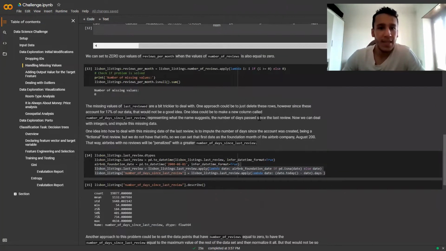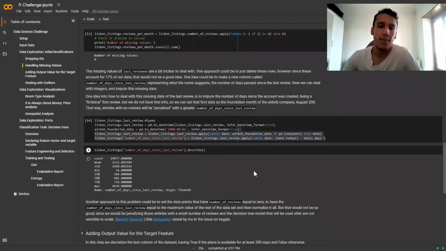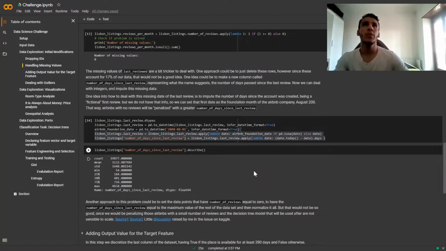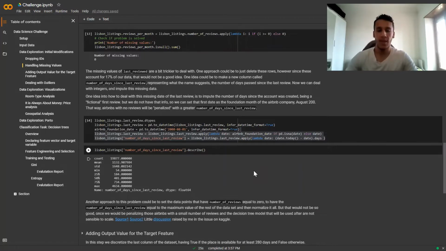And in the last review, it's a date value, so we have to be a little bit more careful to deal with it. What we could do if we have a different kind of data is set the first review for when the listing was created, but we don't have the information. So we can set this date into another date. I chose to be when the company was founded, which was August 2008, and count the number of days since then.